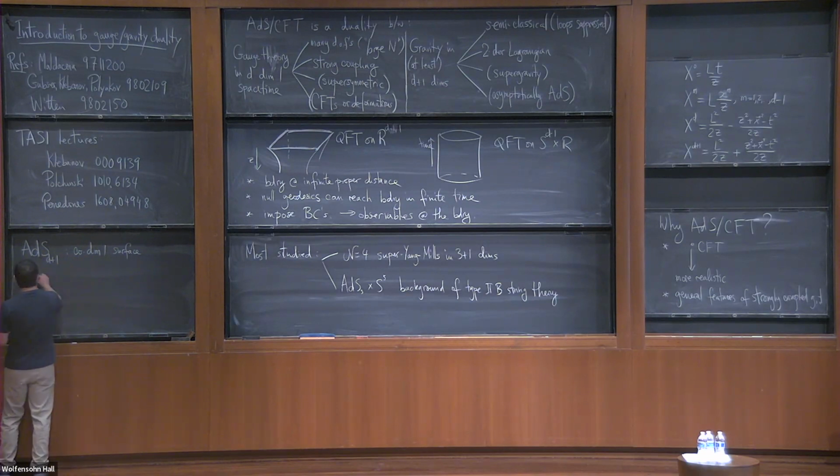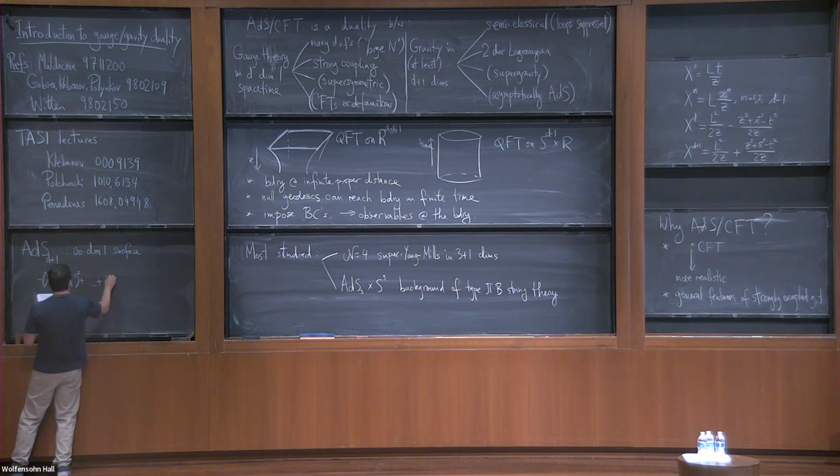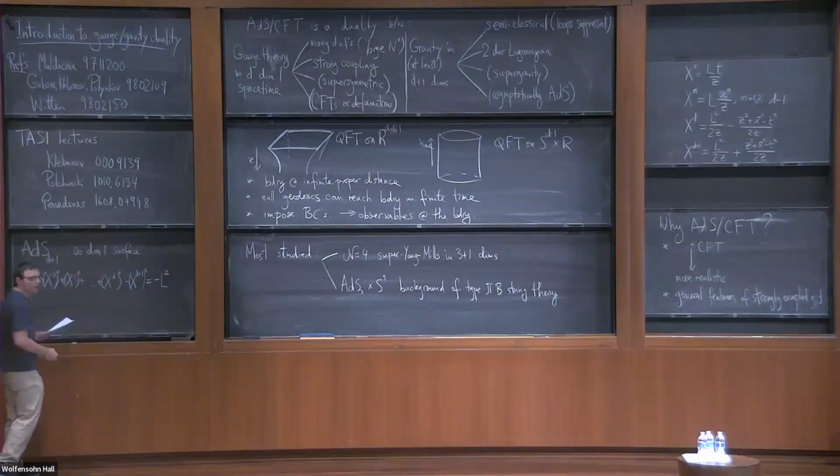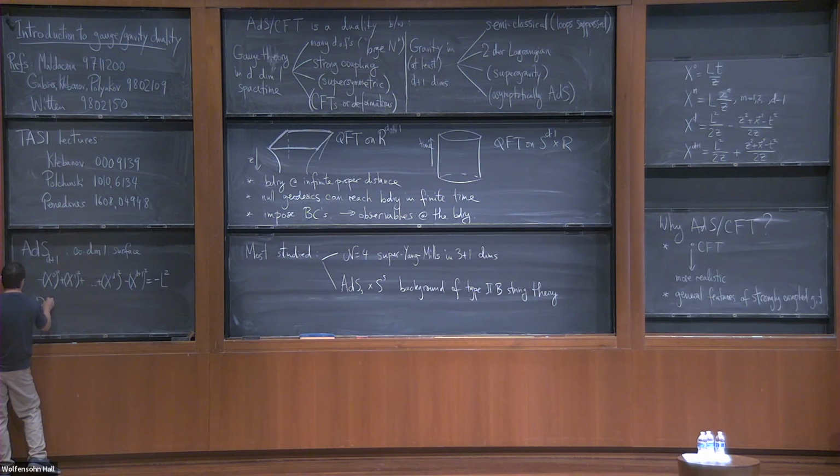So we have minus x0 squared plus x1 squared plus x2 squared plus x3 squared, all the way to xd squared, minus x(d+1) squared is equal to minus L squared. It's a constant. So AdS space is this surface embedded in a space-time with d+2 dimensions. So this means that the space is d+1 dimensional.